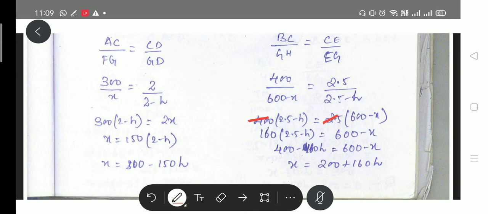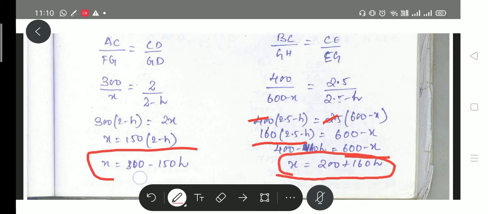Then after we can multiply this one, then we will get 400 minus 160h is equal to 600 minus x. From this, x is equal to 200 plus 160h.